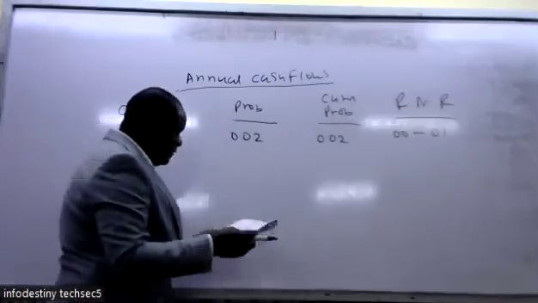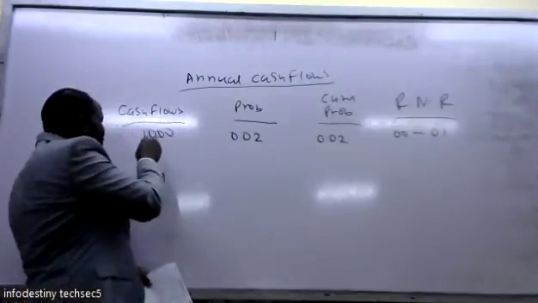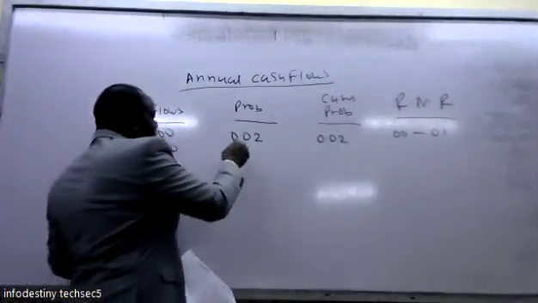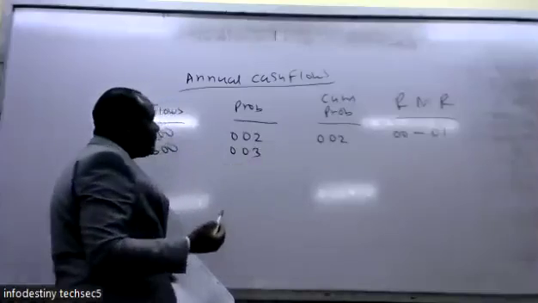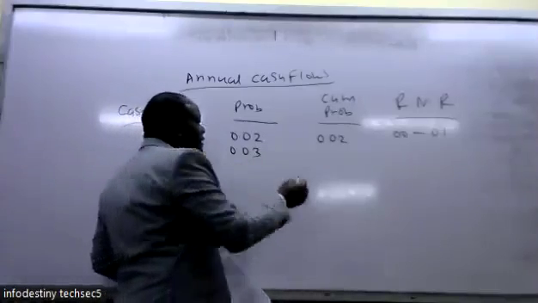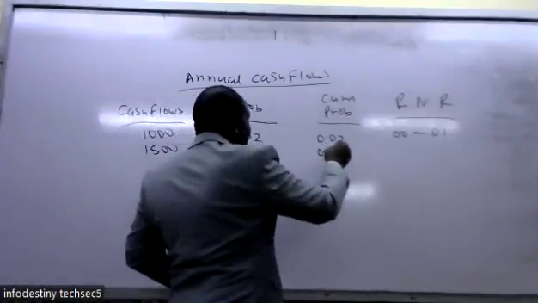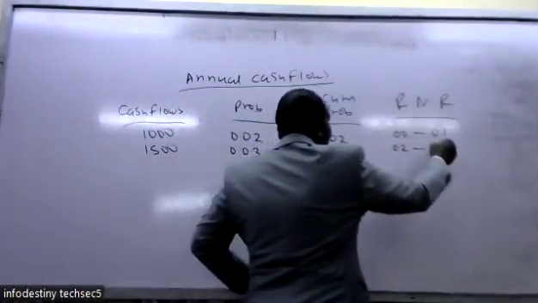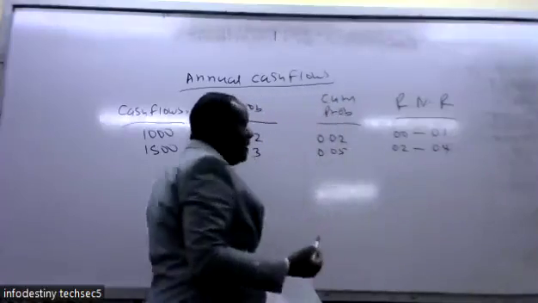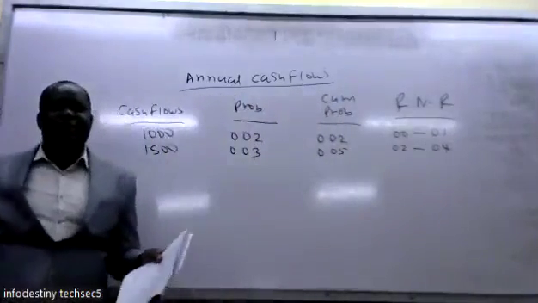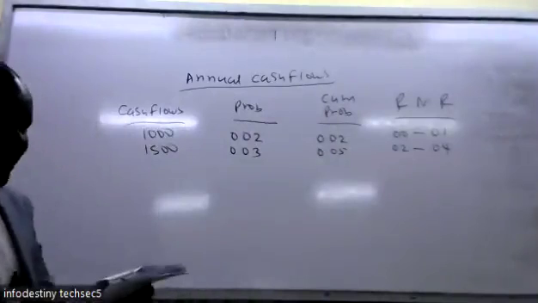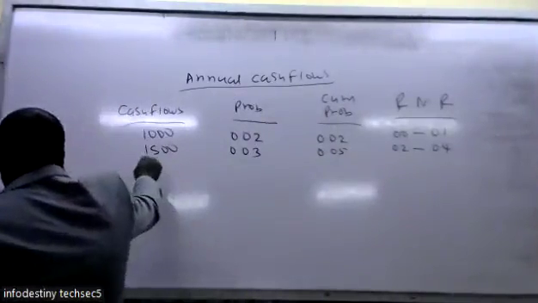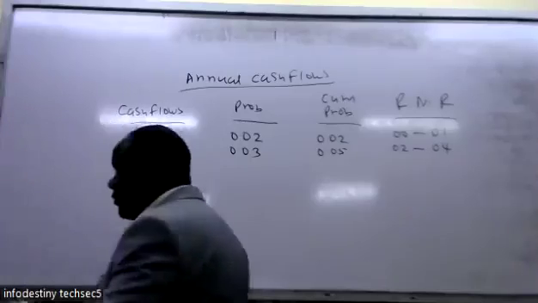So the next item is 1500. The probability of it occurring is 0.03. So cumulative will be 0.1. So now we start from 02 to 04. The next item is 2,000, there are 3 zeros at the top.